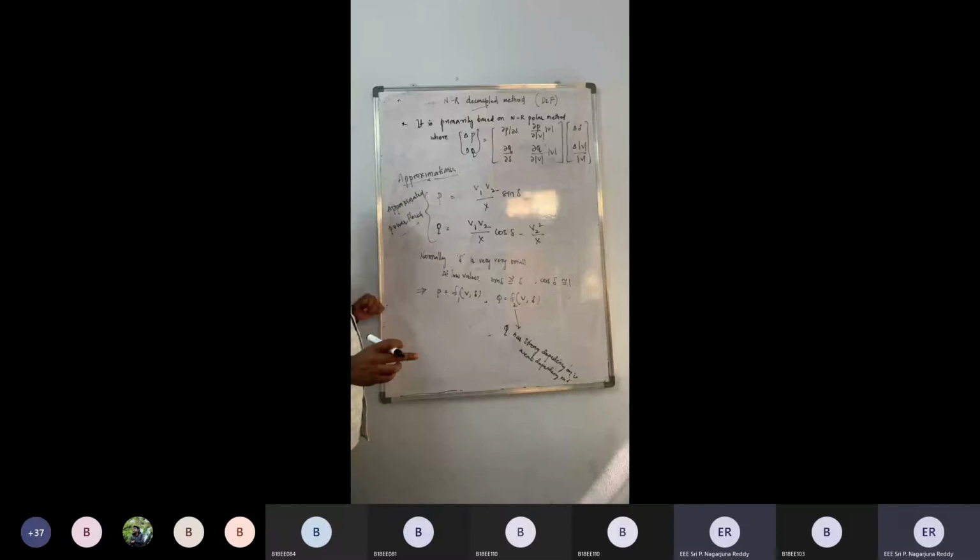Now, carefully observe in a power system, the voltage, let us suppose it is 1 at an angle of 1 degree. Normally, because of some change, let us suppose it becomes 1.02 at an angle of 2 degrees. See, what is the percentage change in the magnitude of voltage? 1 to 1.02, it is just 2%. See, what is the change in the angle?